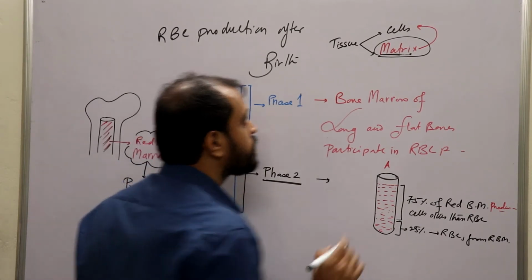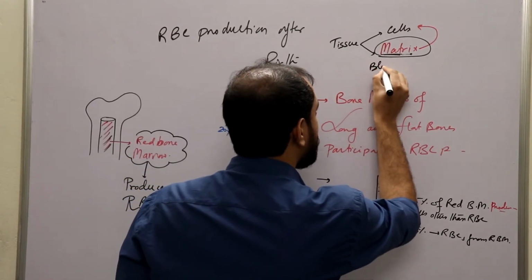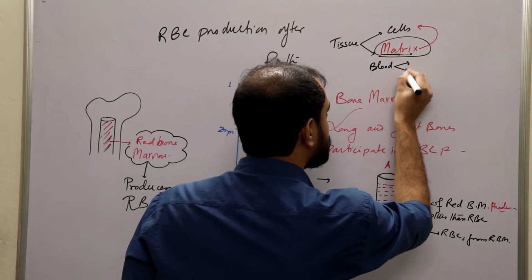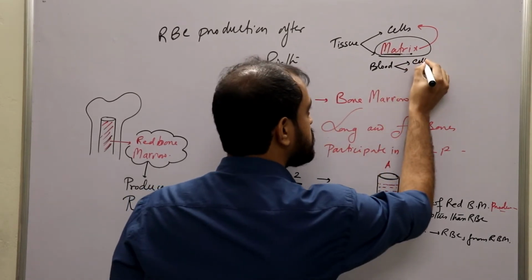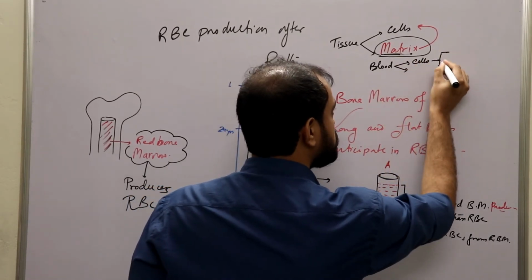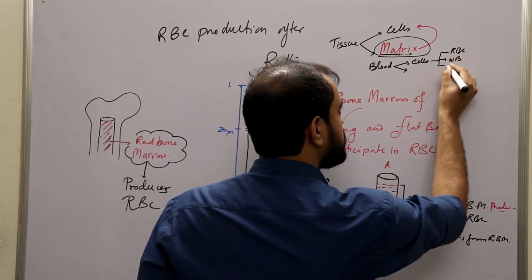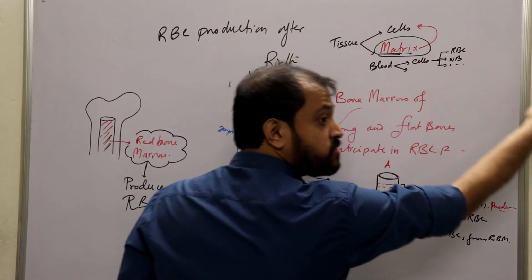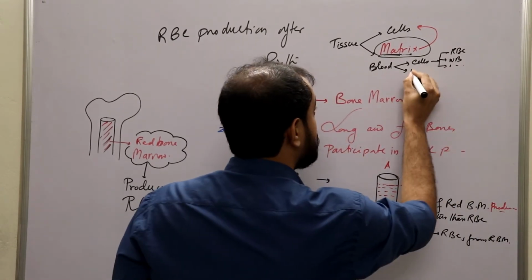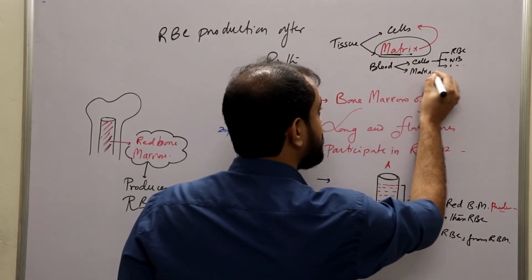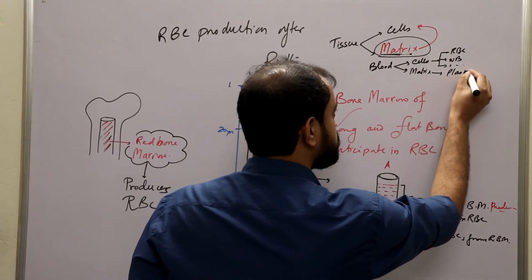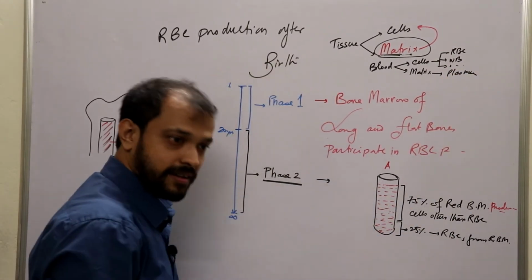Now listen, in blood there also are two things: cells, which we divide into three categories, RBC, WBC and megakaryocyte, from which we get platelets. And the matrix is plasma. Clear?